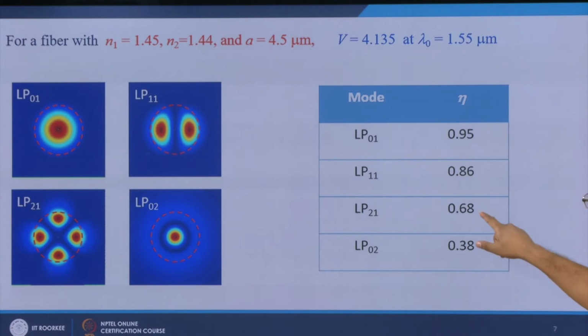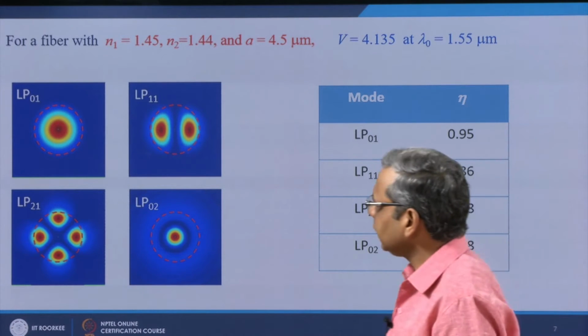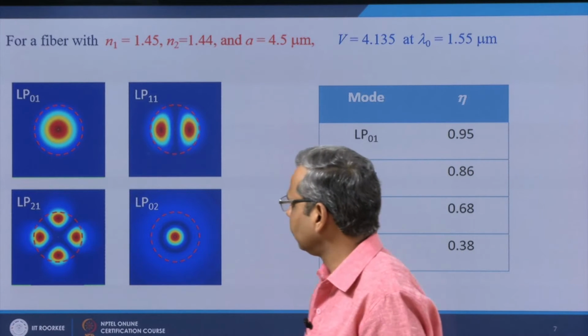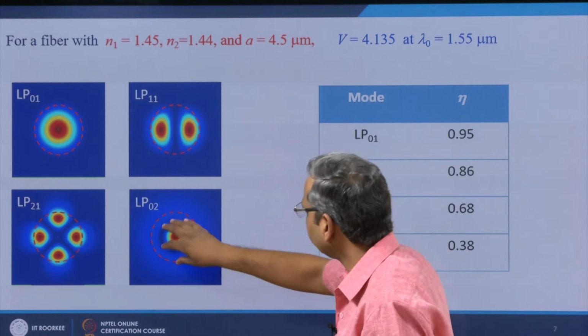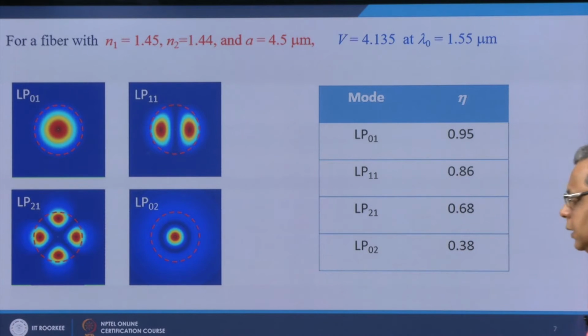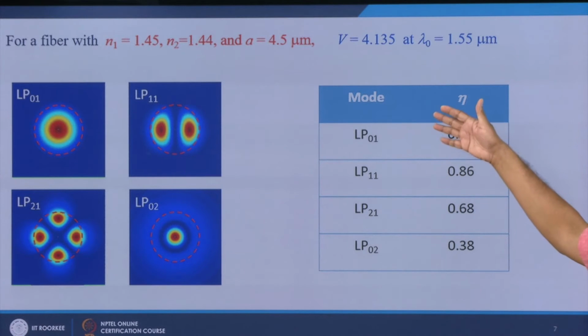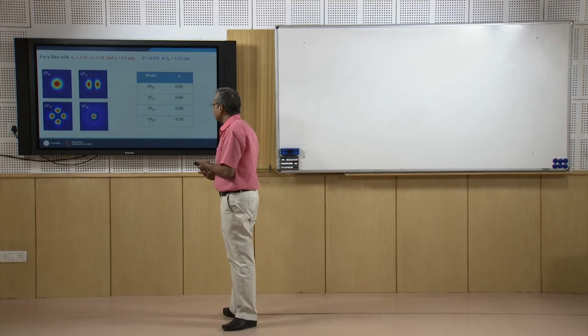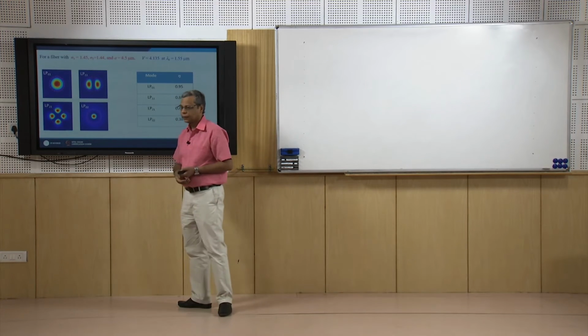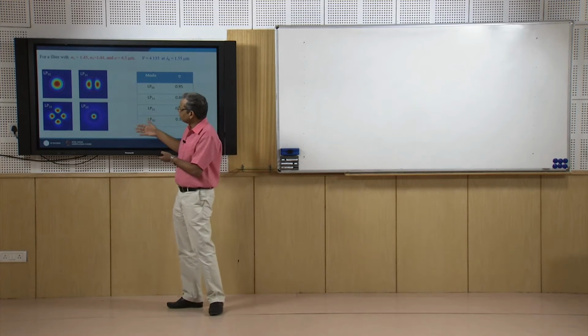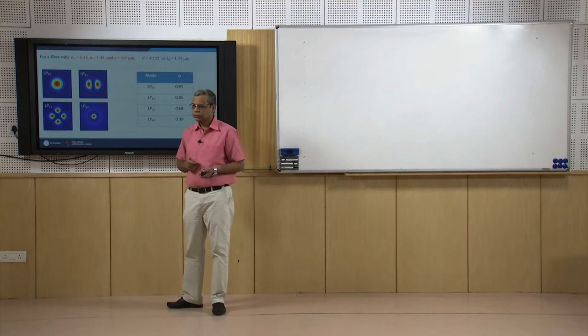For LP21 mode, 68% power is in the core, and for LP02 mode only 38% power is in the core. So, I see that as I go towards higher order modes, the fractional power in the core decreases, because higher order modes are closer to cutoff.